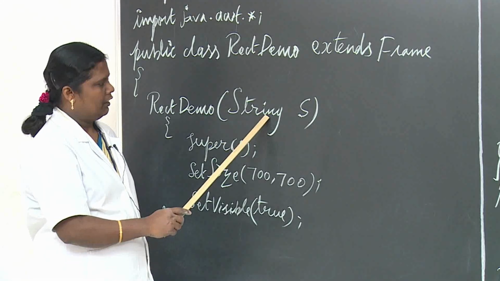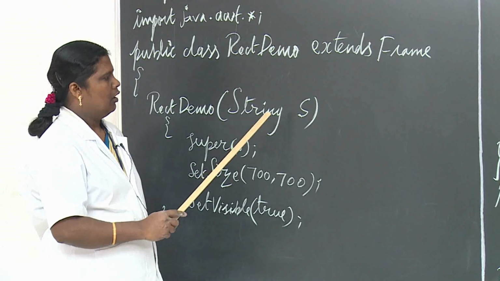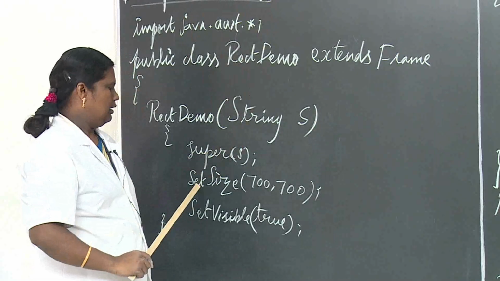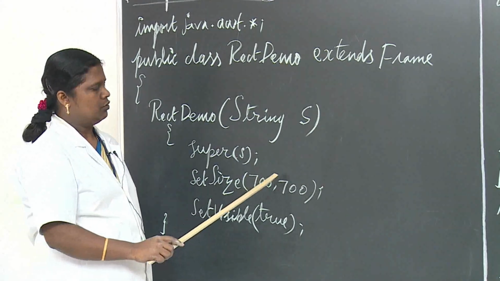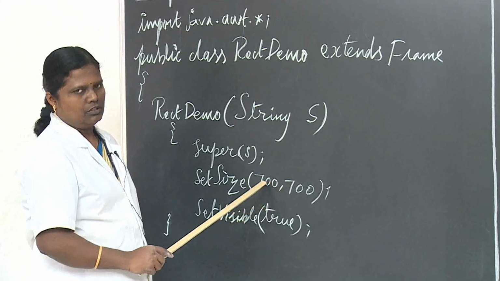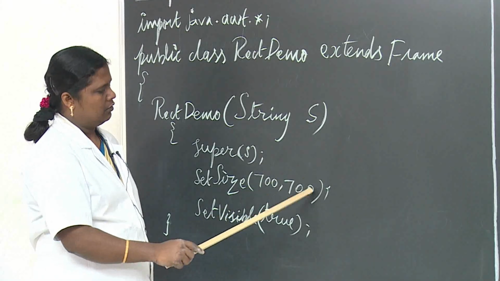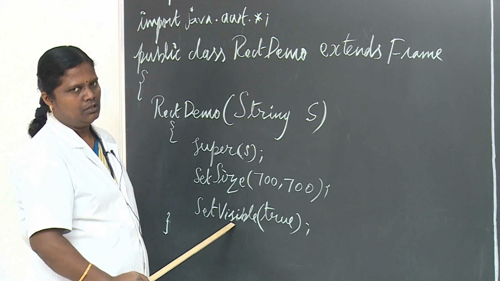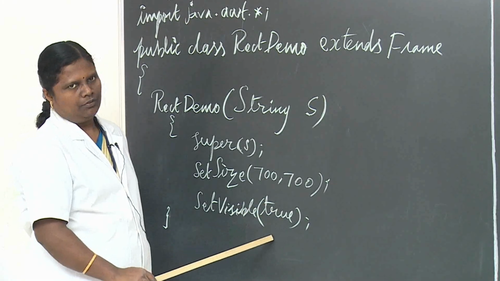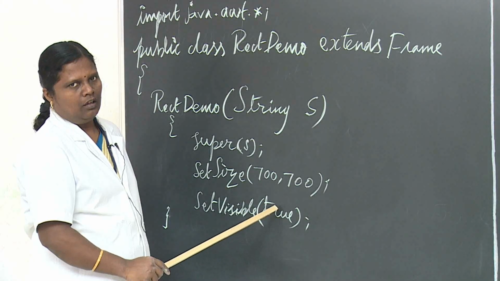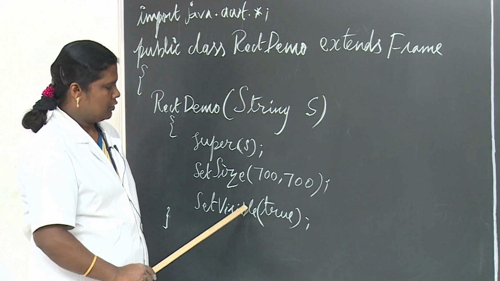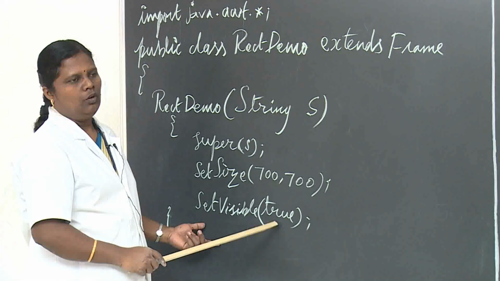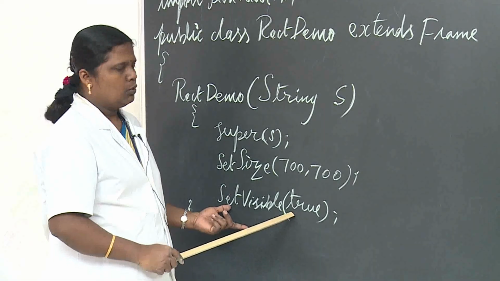Whenever it receives it, it passes it on to the particular frame creation. Then, as usual, the setSize function is used to set the size of the frame window, with x coordinate and y coordinate 700, 700. The next function is setVisible. This is going to enable the frame window. In order to display the frame window on the screen, this function is used or enabled. If it is false, we can't see that particular window and its image on the screen.